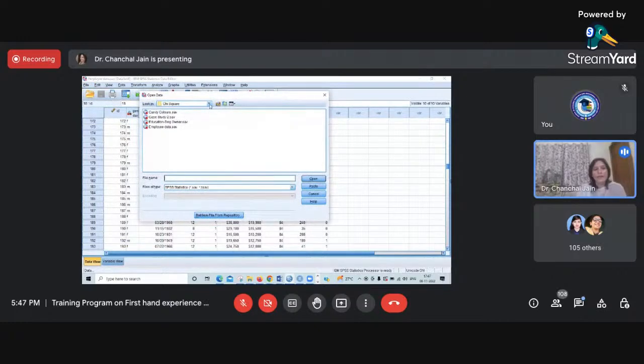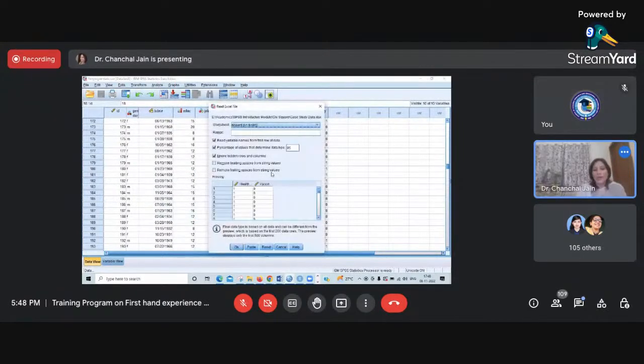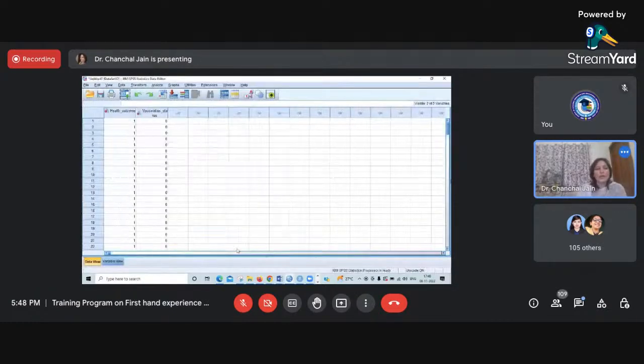Then wherever your file is situated, you need to give the location of your file, and then select the extension of your file. It is Excel. Now from this I am picking the case study data and clicking on Open. It is asking me about the range and everything. We are fine with this. You only need to click OK to open the data set here.